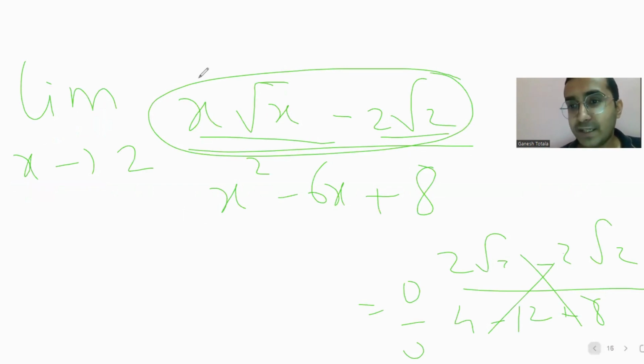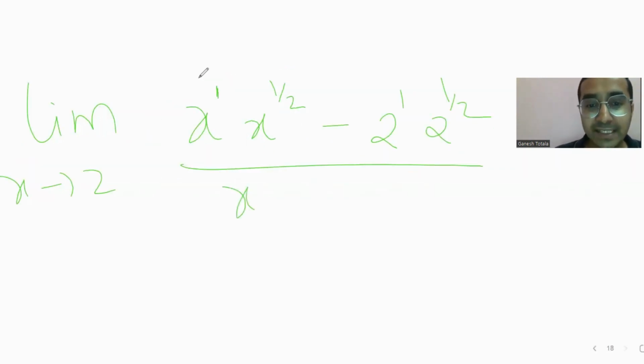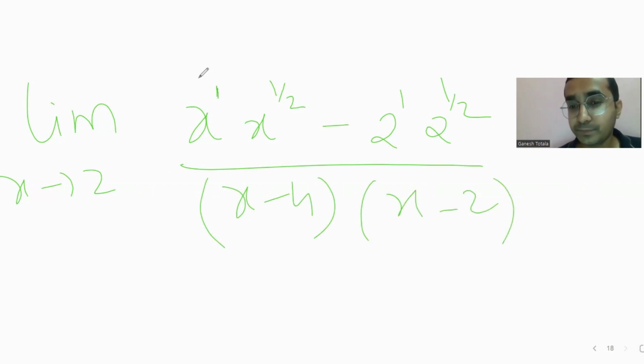You have to factorize it. How can you factorize? We need two factors of 8 such that the product is 8 and the sum is negative 6. So obviously these factors are x minus 4 and x minus 2. So this I can write as x minus 4 into x minus 2. I hope this is clear.